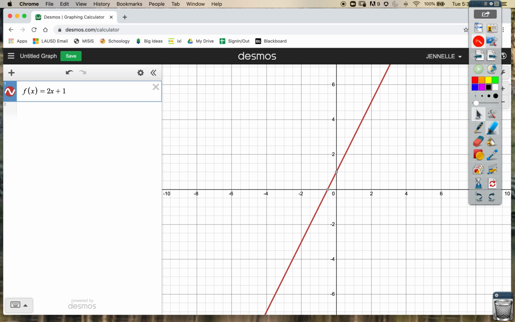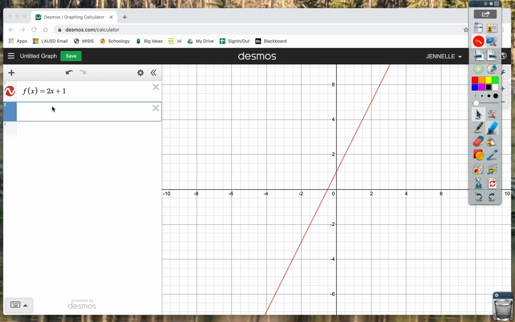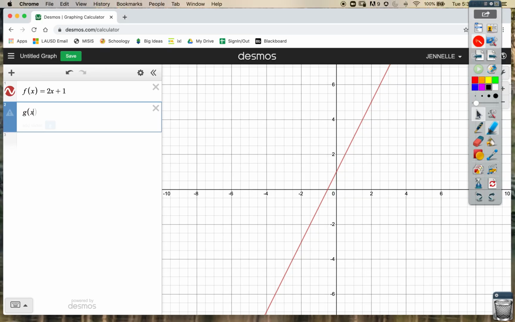Okay, so that is my first function. Now we need to move this 3 units down. And to check your work, again, using Desmos or a graphing calculator, you want to make sure it moved 3 units down. So 2x minus 2. We're going to see if that's correct. Equals 2x minus 2.